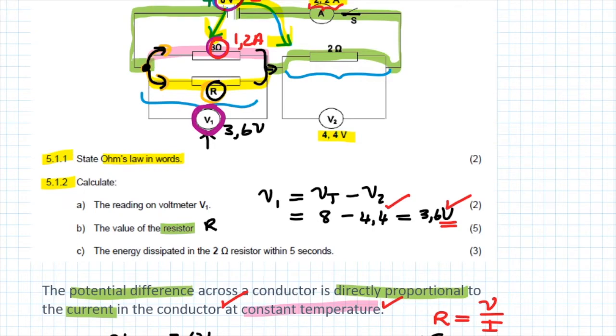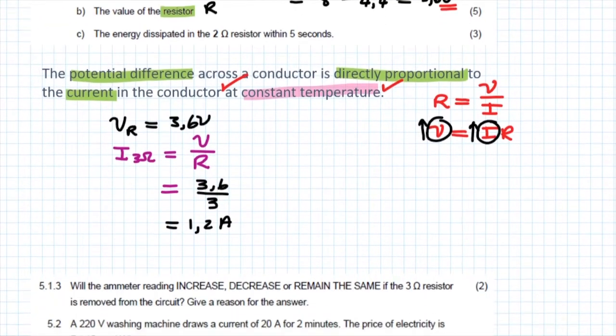2,2 amperes flows around the circuit and is going to split up at this point. If 1,2 amperes goes this way, then to determine what flows through resistor R, we're simply going to say, therefore, the current through resistor R is going to equal the total current minus the current through the 3 ohm resistor.